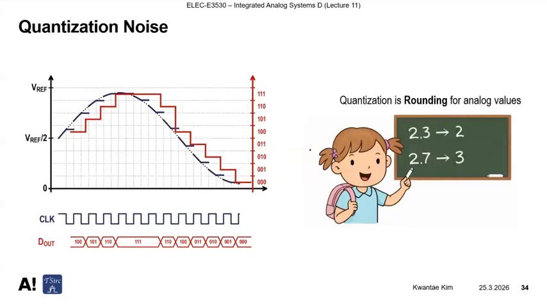Values between 2.5 and 3 are rounded to 3. Of course, values between 3 and 3.5 are also rounded to 3. So anyway, there are certain thresholds and certain quantized values. That is very similar to what we call rounding, and we already learned about this effect in elementary school.